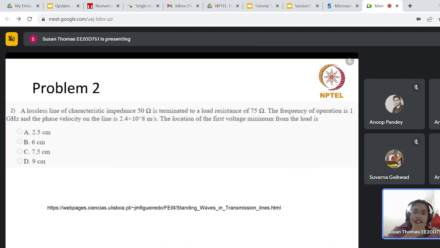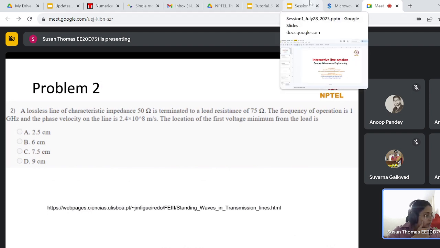Before discussing this question, I would like to show an illustration.